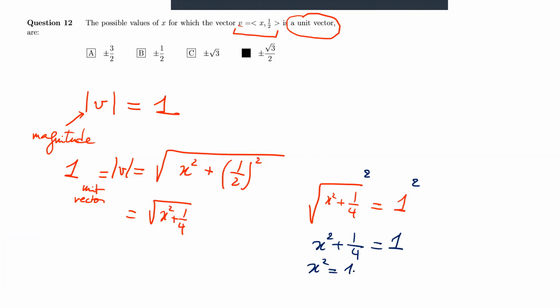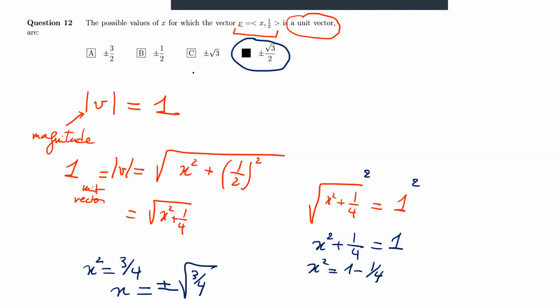So x squared is 1 minus 1 over 4, which is 3 over 4. So x is plus or minus the square root of 3 over 4.